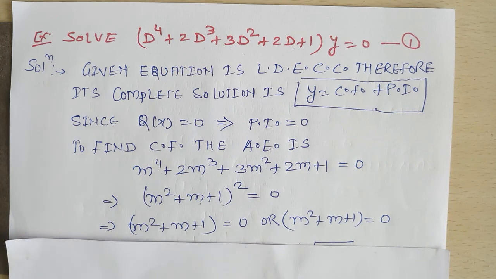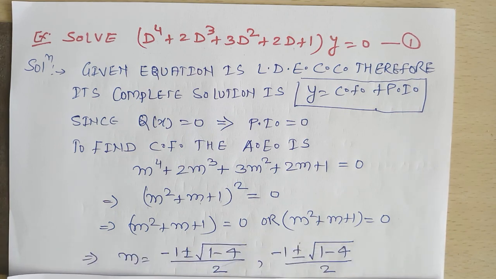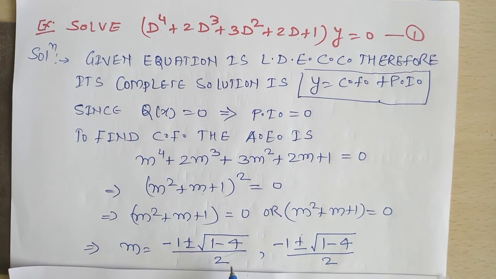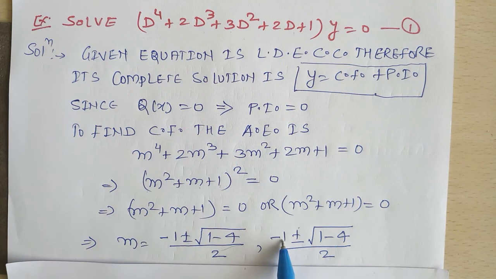Now it is a quadratic expression, so roots can be obtained by the discriminant rule: minus b plus minus root of b square minus 4ac by twice a. So m is equal to minus b, where b is 1, the coefficient of m, so minus 1 plus minus root of b square, 1 square is 1, minus 4 times a times c, where a is 1 and c is 1, so minus 4, upon twice a, which is 2.